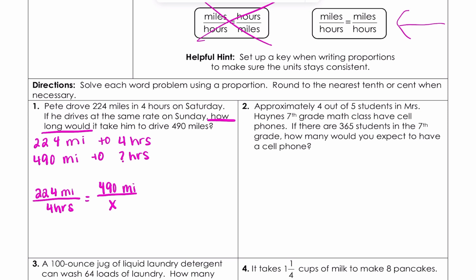Now this is exactly what you guys did on Friday. If the labels are confusing you here, you do not have to put them. It was more to make sure that you know exactly what I'm solving for. So I start solving this. I cross multiply. I have 224 times x, which gives me 224x.